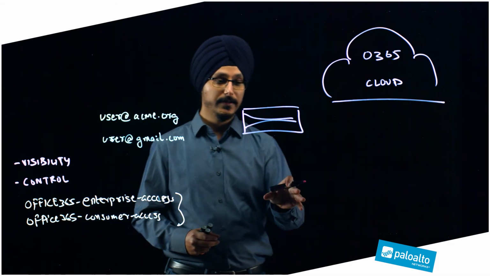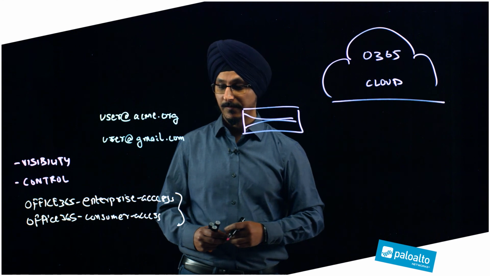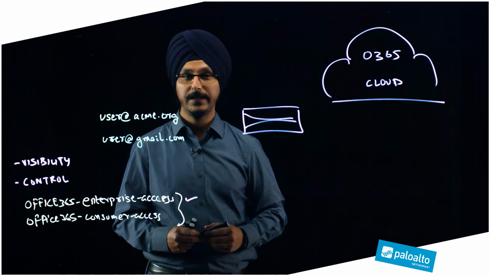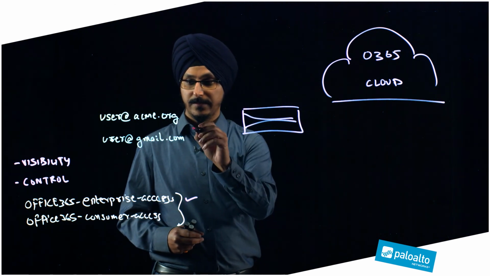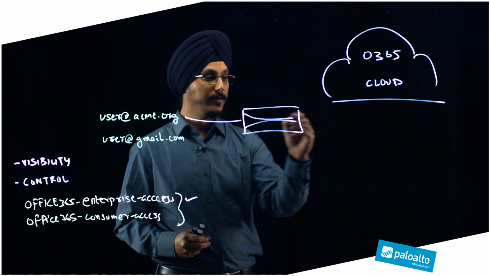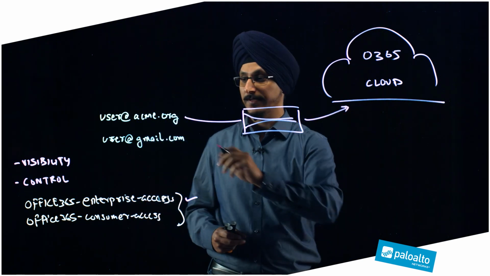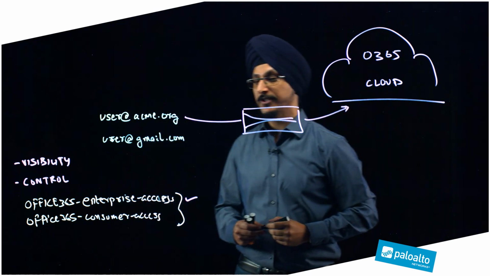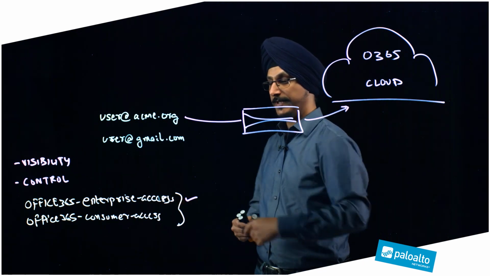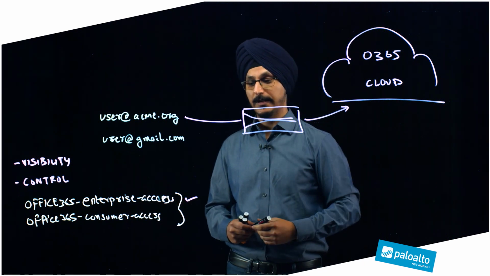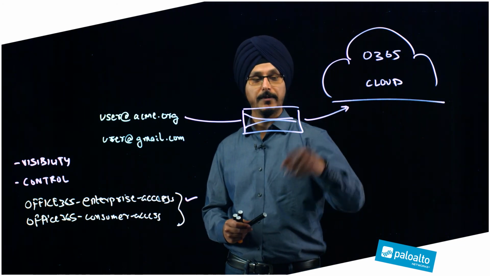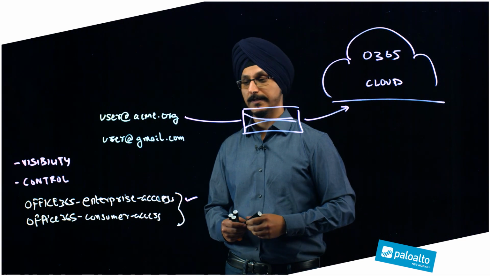So in your security policy base, when you configure just the enterprise access App ID, the users that are going to Office 365 services using your corporate credentials will be identified as Office 365 Enterprise Access on the firewall. Since it will be the only App ID allowed in the policy, they will be able to get access to Office 365 services.